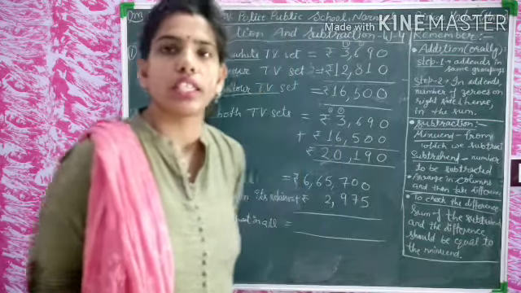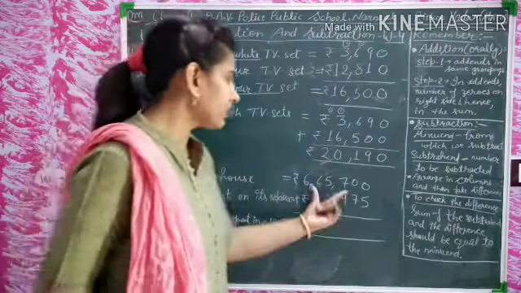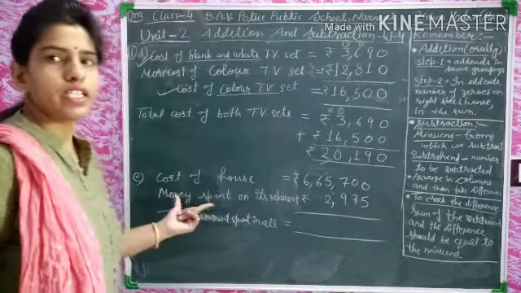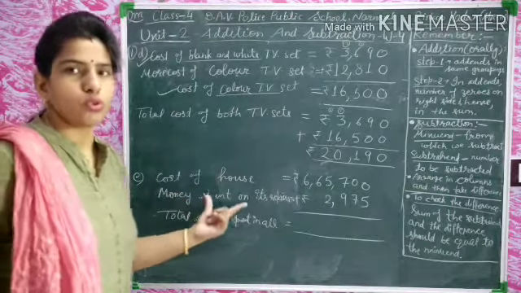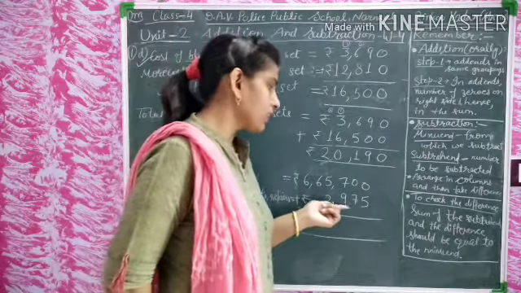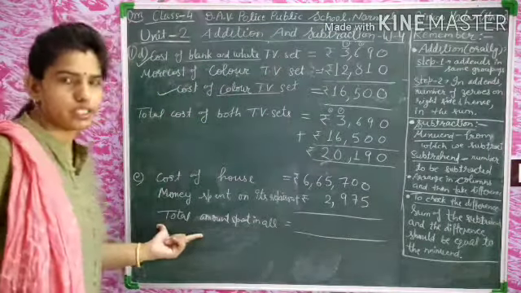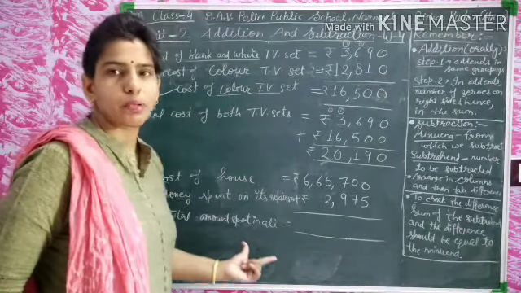First, he purchased his house. That cost is 6,65,700, and he repaired his house. The cost of repairing the house is 2,975, and we have to find the total amount spent in all.